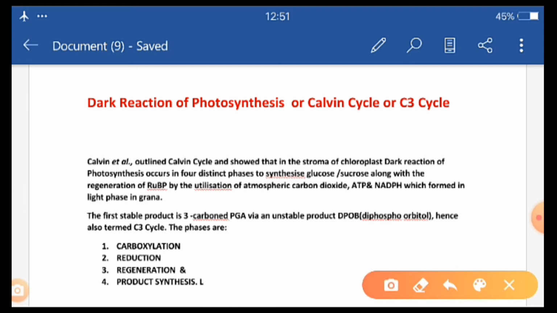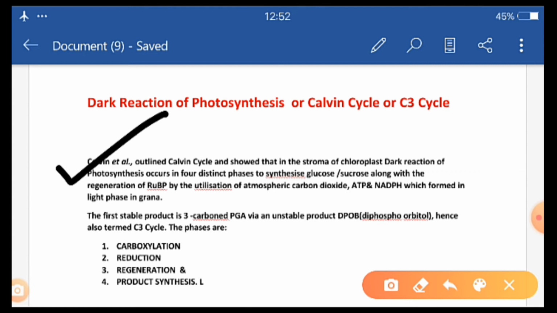Okay, so in this process, what happened? In this process, CO2 reacts with ribulose 1,5-bisphosphate in the stroma of the chloroplast, and as a result of that, product is synthesized.